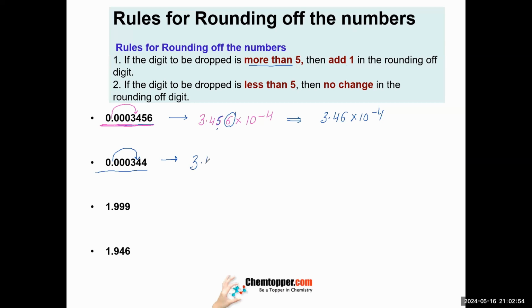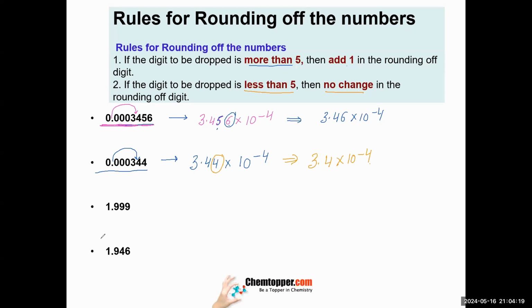So in scientific notation, it is 3.44 times 10 raised to power minus 4. I want to drop this 4. This 4 is less than 5. So no change. You just drop this 4 and the answer will be 3.4 times 10 raised to power minus 4.